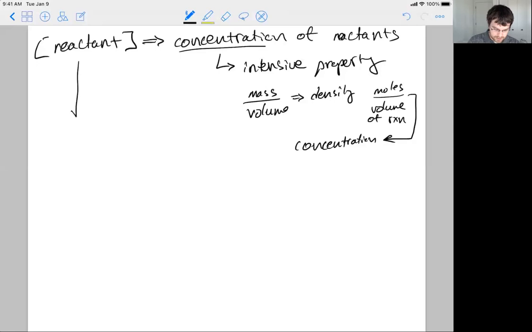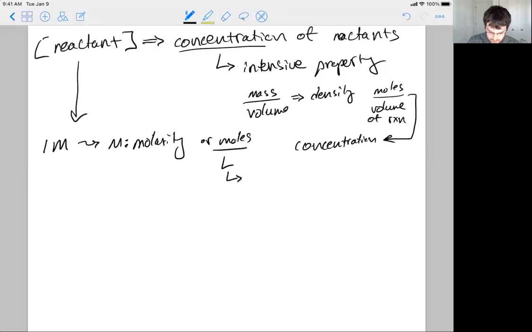So the reactant concentration could be 1 M, for example, where M stands for molarity, or moles per liter, and the volume in this case is the reaction volume, not the volume of however many moles of stuff that we added.